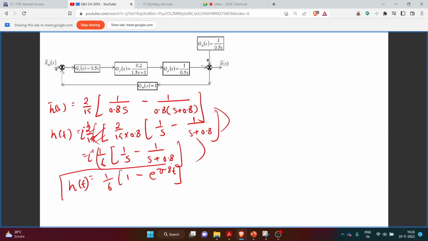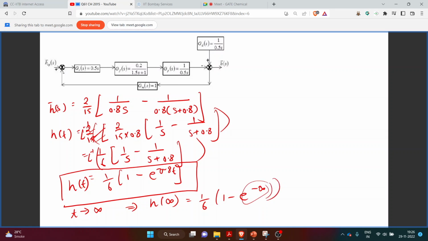So over here we have our output equation, and to find the final value we can simply put t tends to infinity. We have the value of h at steady state, or the ultimate value, as 1 upon 6 into 1 minus e raised to minus infinity. This will become 0. That is the ultimate value. h at infinity is 1 by 6.